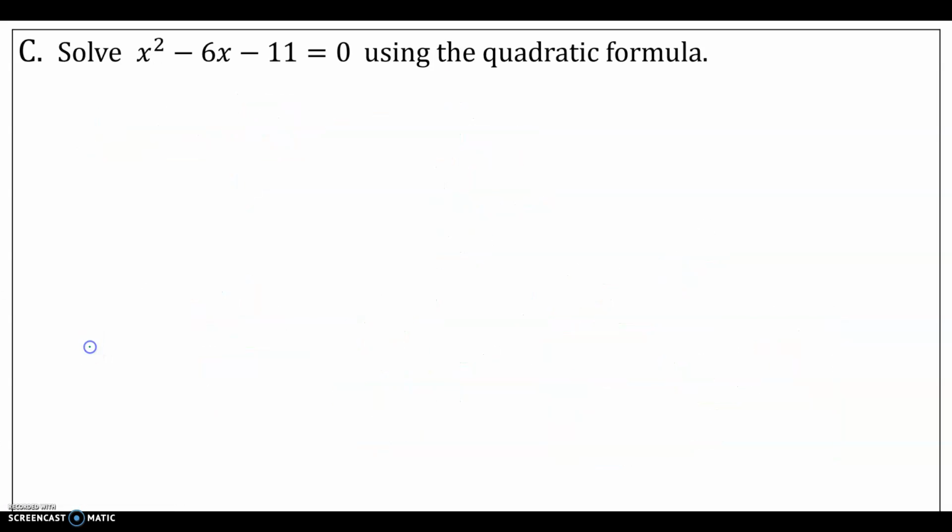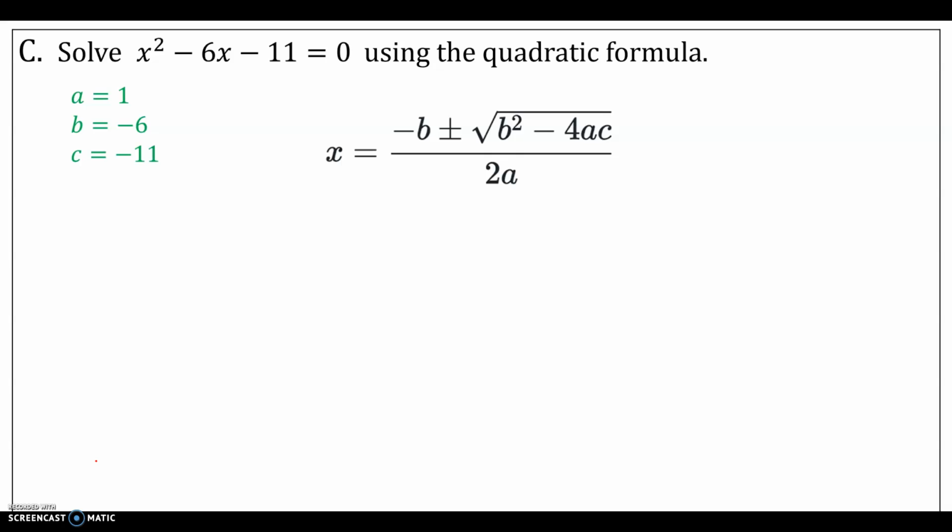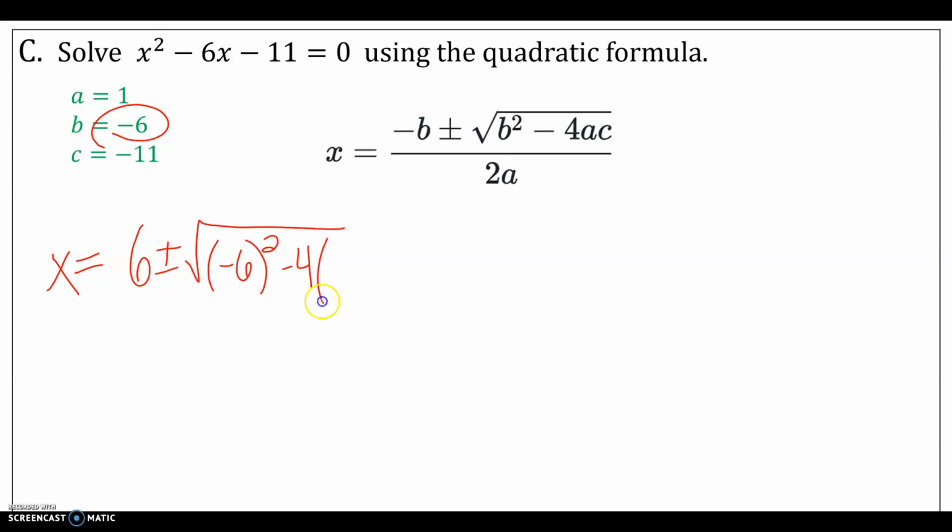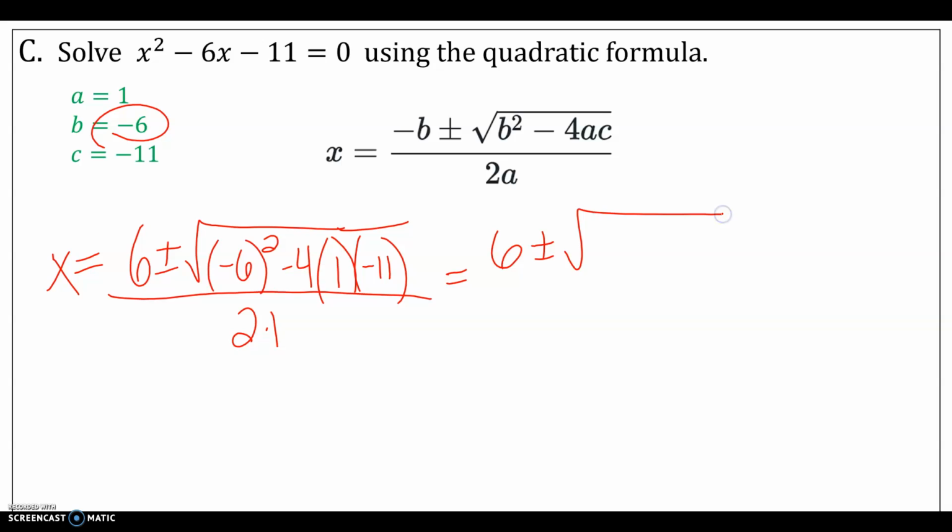All right, so again, make sure it's in standard form. a, b, c, quadratic formula, and let's plug everything in. So that's going to be a positive 6, and that would be negative 6 squared minus 4 times 1 times negative 11, all divided by 2 times 1. So 6 plus or minus, we get 36.